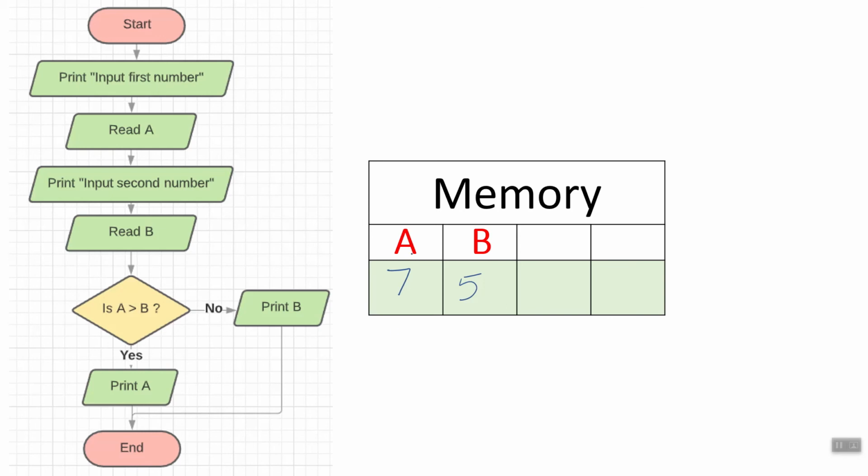Okay, so what happens if that wasn't the case? Let's say we'd put 3 in A when we go through this again. 3 is in A, 5 is in B. Is A, in other words 3, greater than 5? No, so we will print whatever's stored in B, which is 5. So in English, this algorithm will print out the higher of the 2 numbers that are entered by the user.